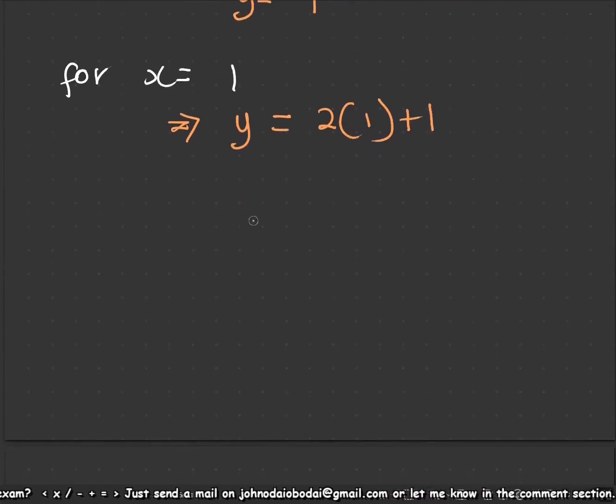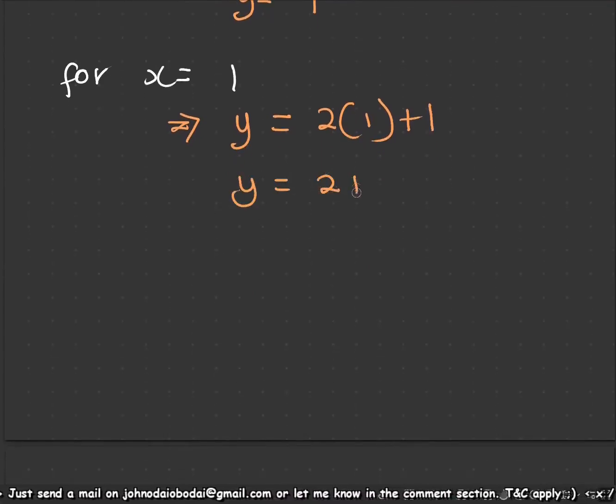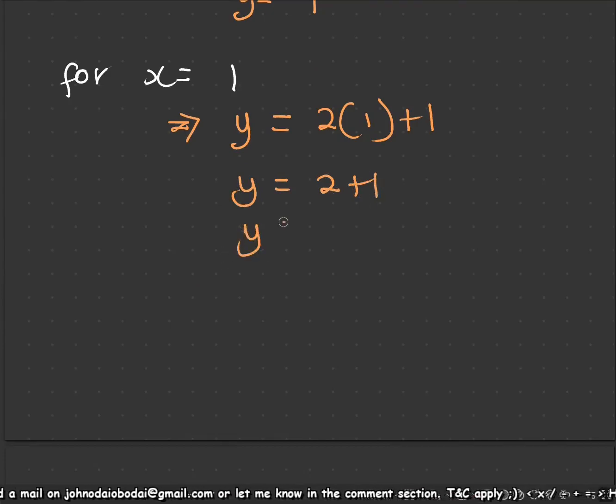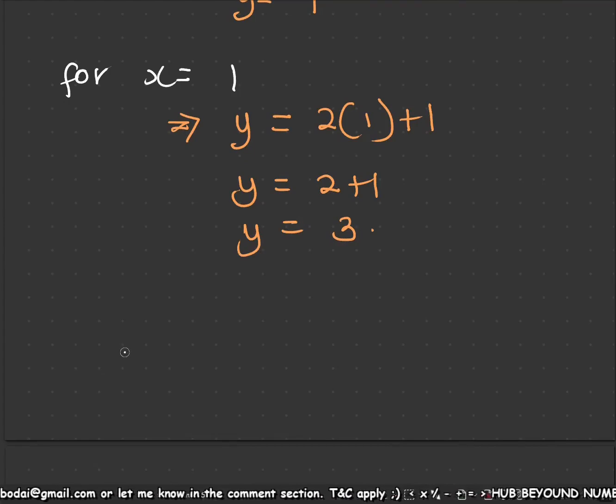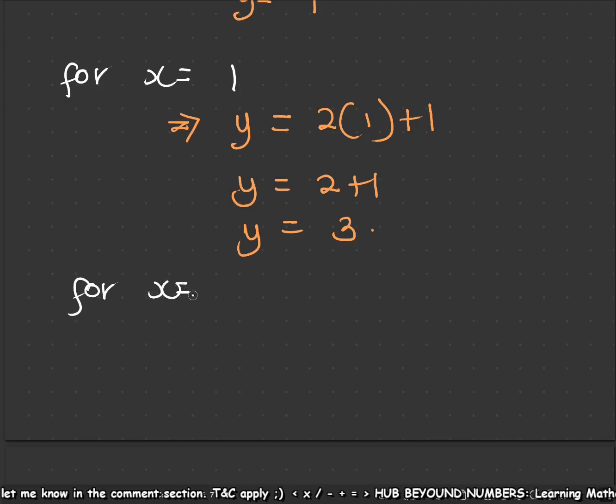If you solve further, you have y equal to 2 plus 1, and y is equal to 3. Then I think that's the last one. So for x is equal to 2, you are going to get what?